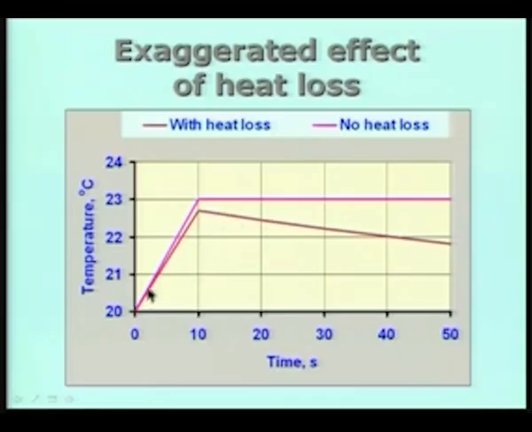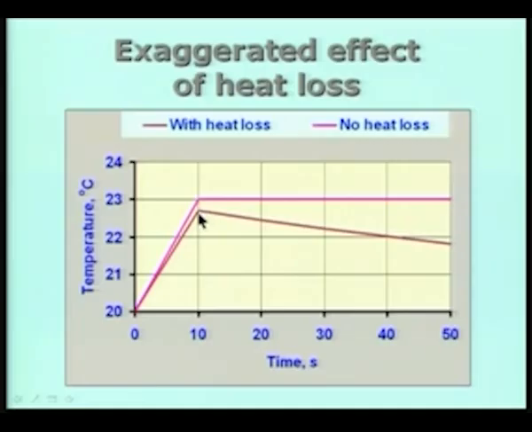The temperature during the mixing process starts at T equal 0. By the end of the mixing process, T equal 10 seconds, it reaches the maximum value, which is not the value it should have achieved if there was no heat loss. So, the temperature is this value and what it should have been is this. If we can find out what this difference is, our job is actually done.